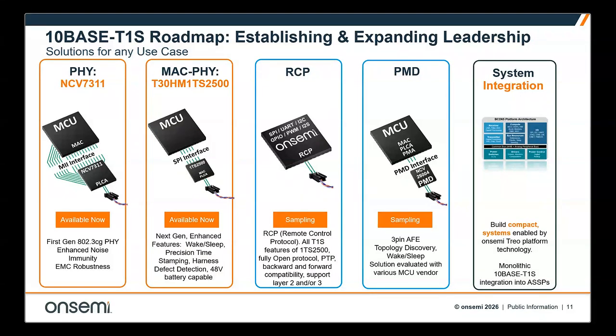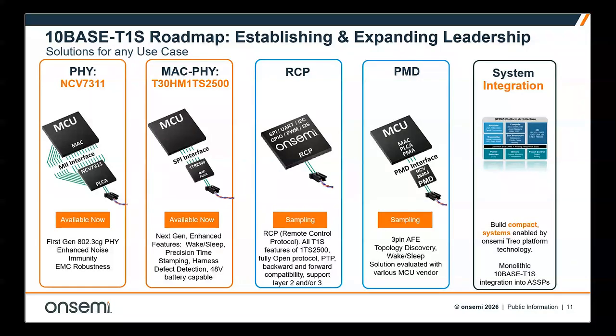For systems that don't need a local MCU, the new RCP device coming soon will provide direct remote control with a fully open protocol, PTP support, rich GPIO, PWM, and ADC, and backward and forward compatibility across layer 2 and layer 3.